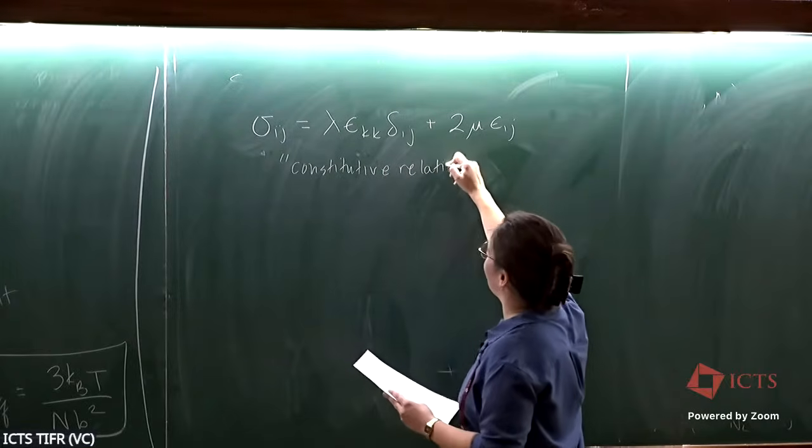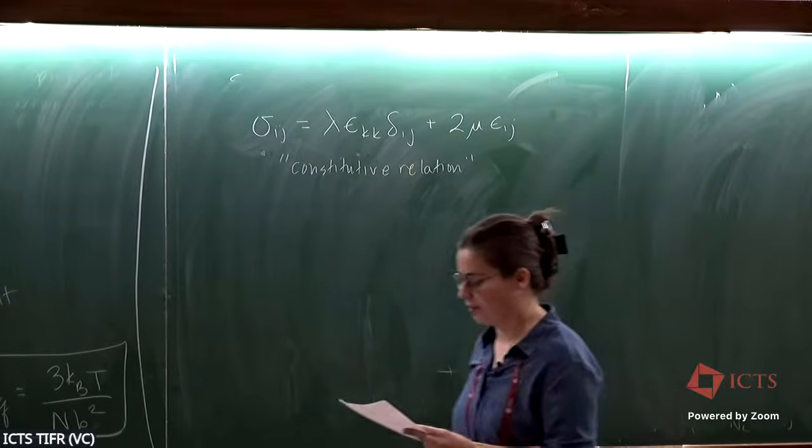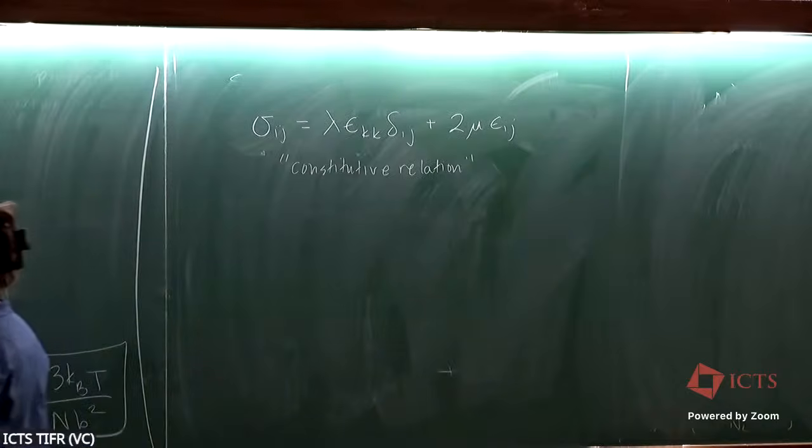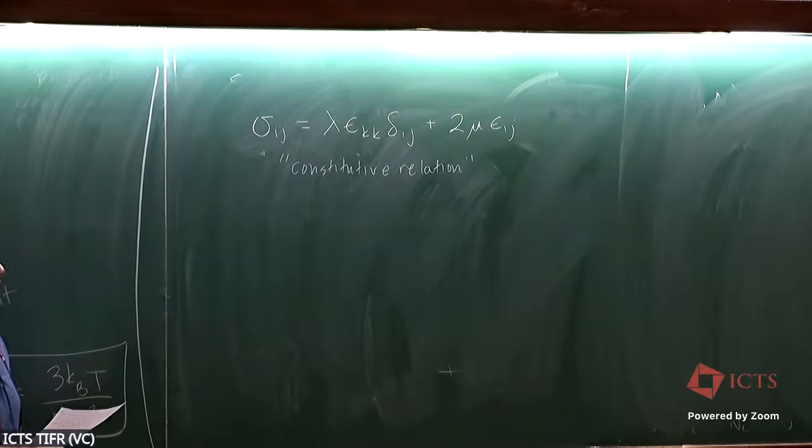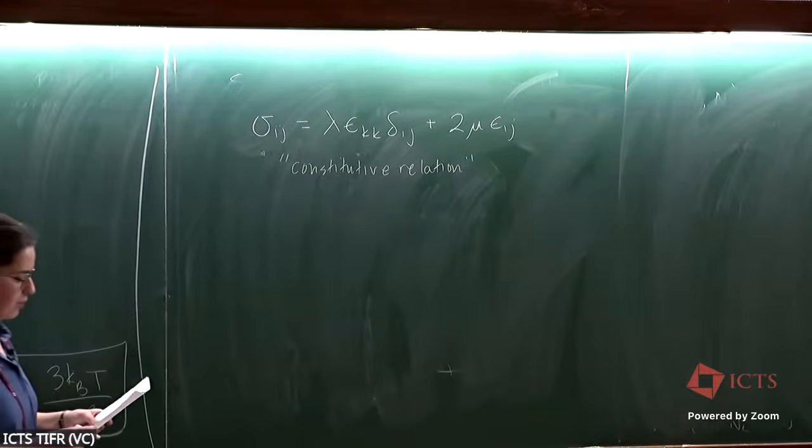And this is the linear constitutive relationship, which you can find by just asking what are all possible linear relationships between 2 second-order tensors that's invariant under changes in coordinates and these sorts of nice things.